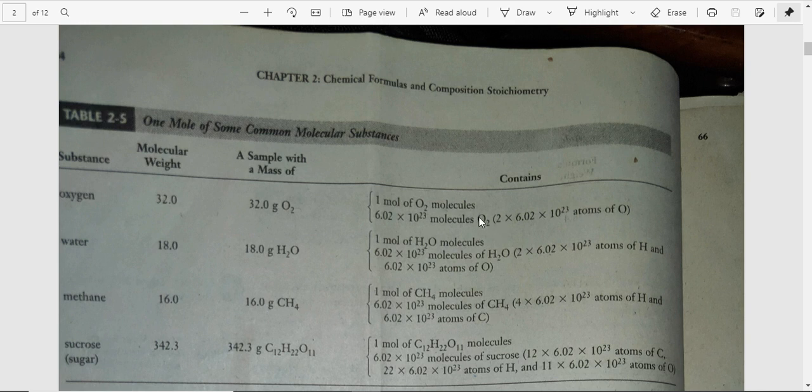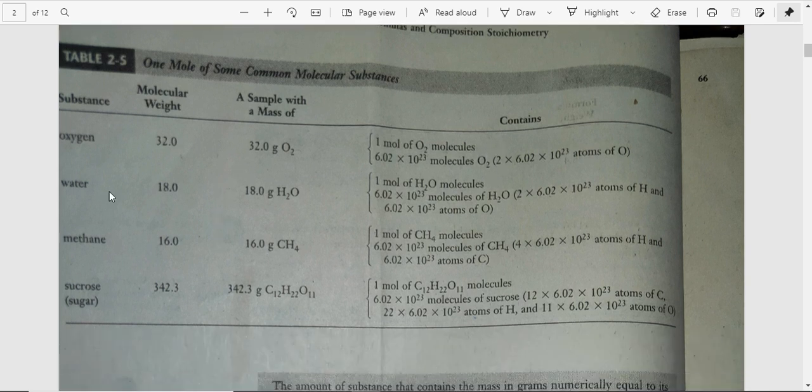Then you have your water. Water is 18. How does water get to 18? Your water is H2O, so two hydrogens. Oxygen is 16.